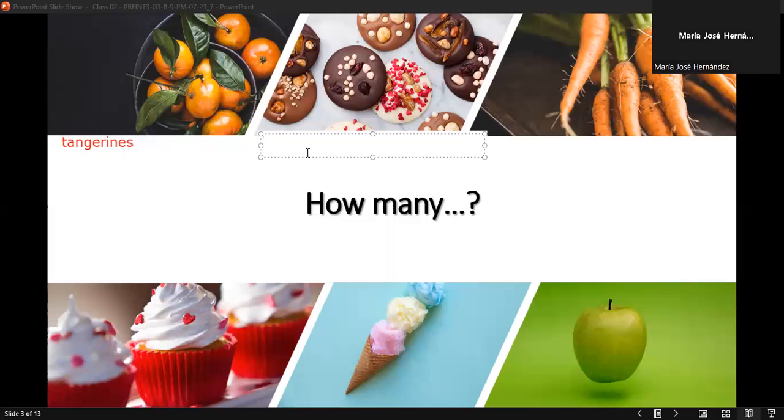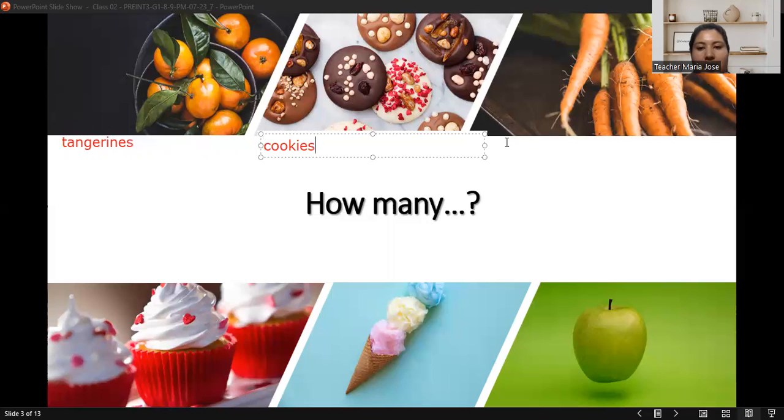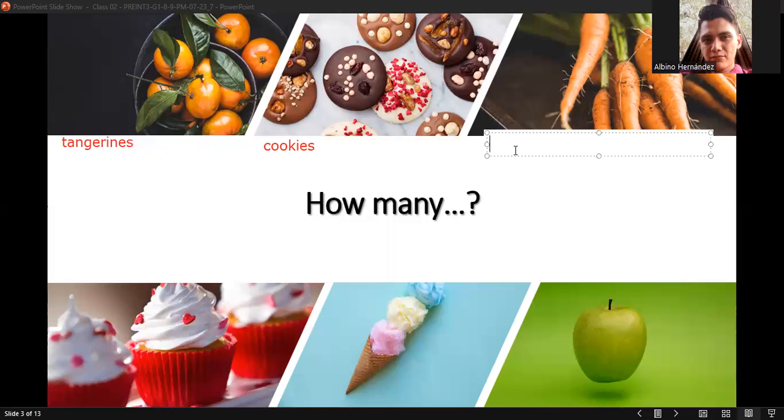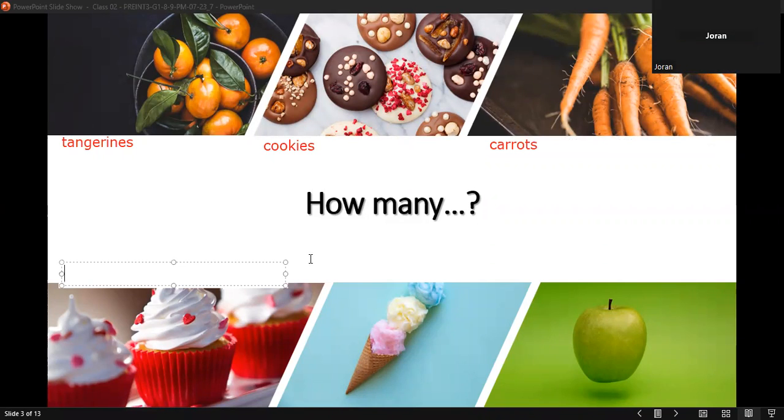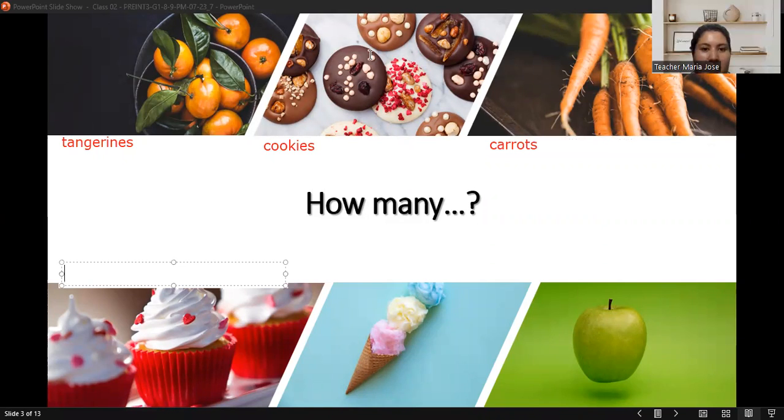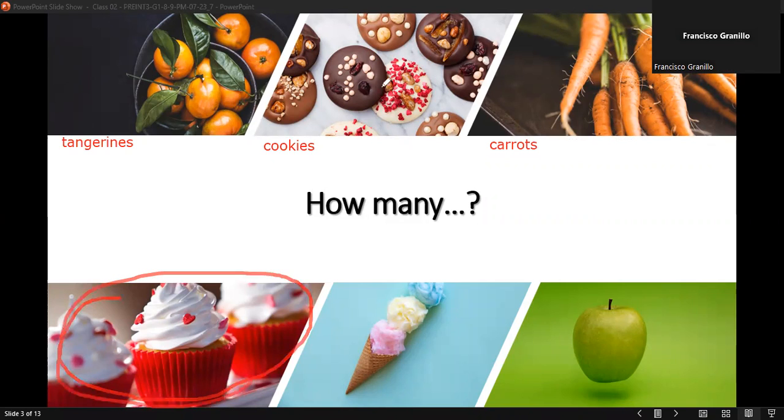Cookies. Cookies, very good. The picture number 3? Carrots. Okay. The one that we have below? Ice cream. No, this one, this picture. Cupcake.